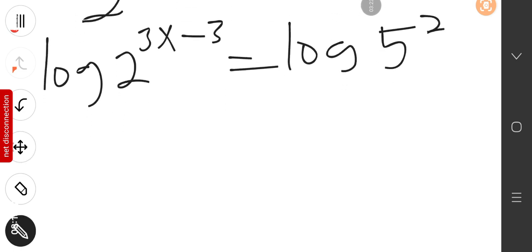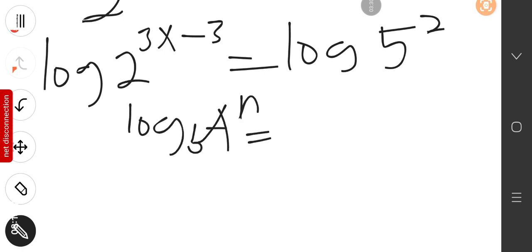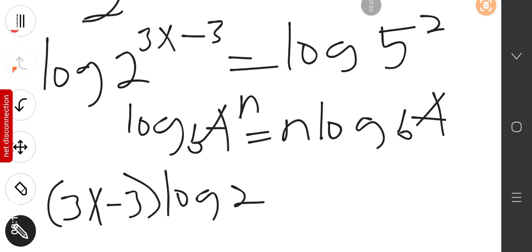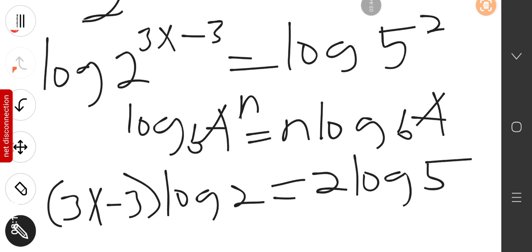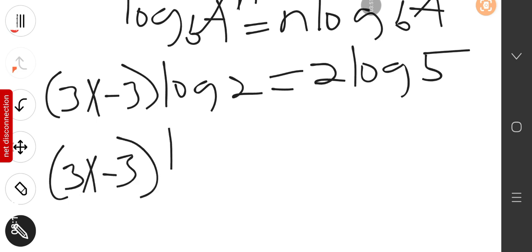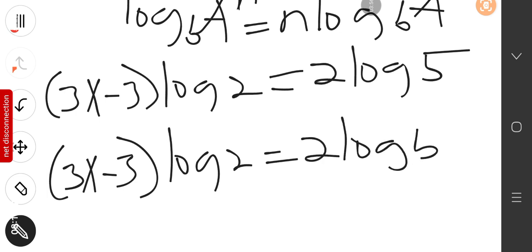Now we are going to apply the logarithm definition: if you have log of a to the power n, this gives us n log a. So our equation becomes (3x minus 3) log 2 equals 2 log 5.